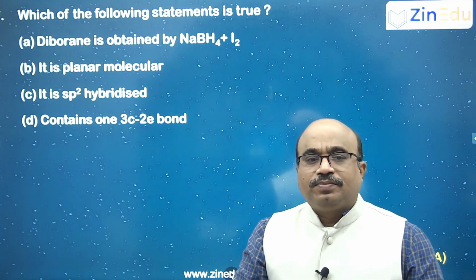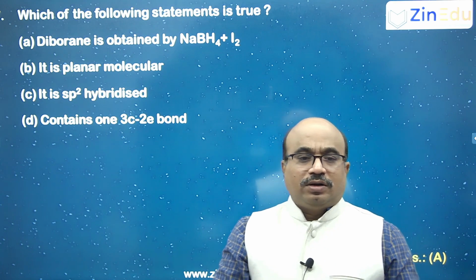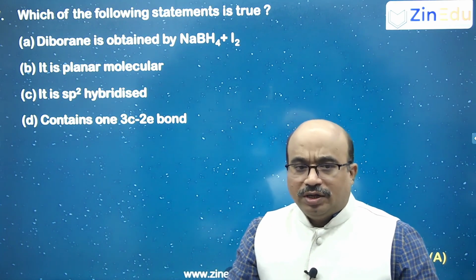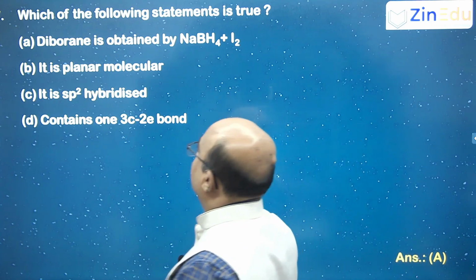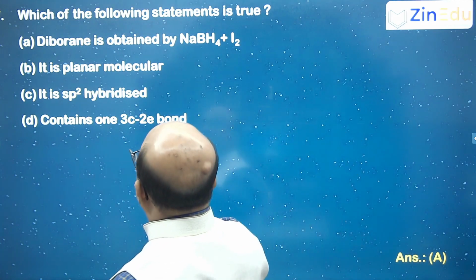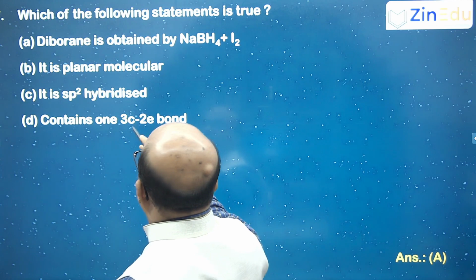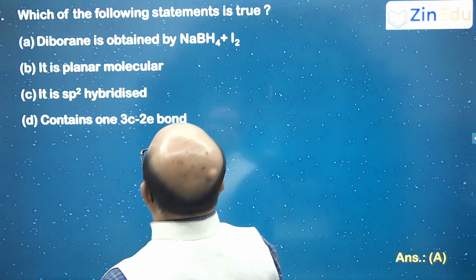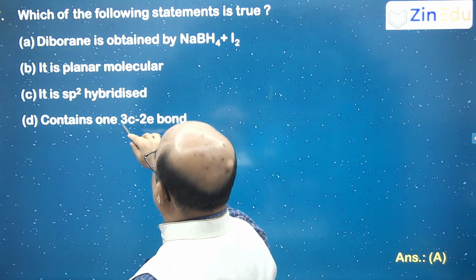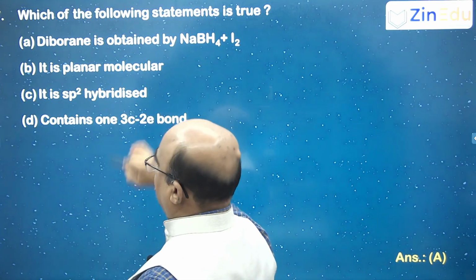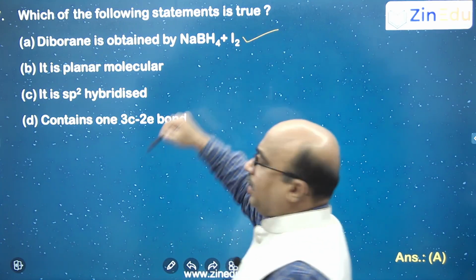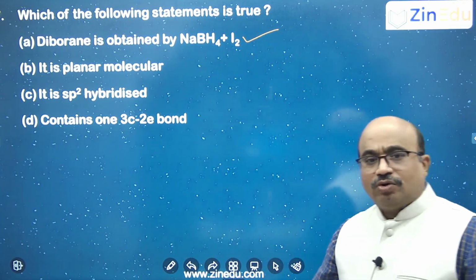It contains 3-centered 2-electron bonds. Clear? The statement that diborane contains only one such bond is not true, because there are two. It's not a planar molecule. So which is true? The diborane can be prepared from sodium borohydride.